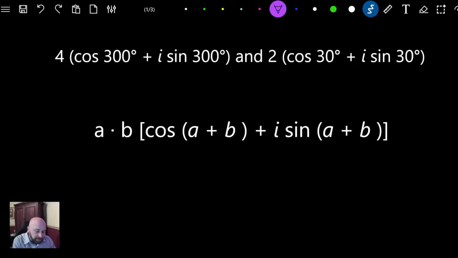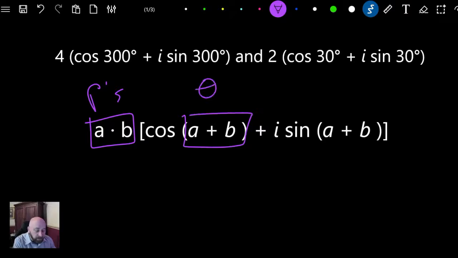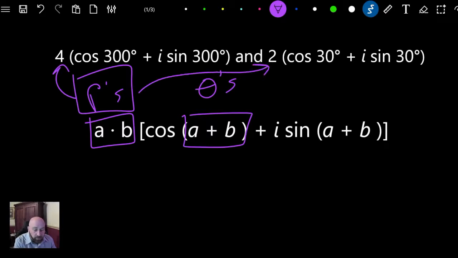Okay, now look at this. This A and B right here is different than this A and B right here. Maybe you can see it and maybe you can't. These are the r's, the hypotenuse from right there, and these are the thetas from right here.